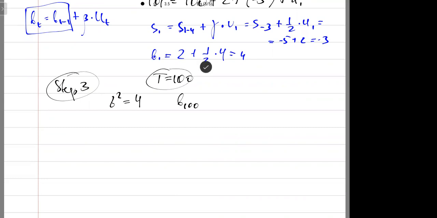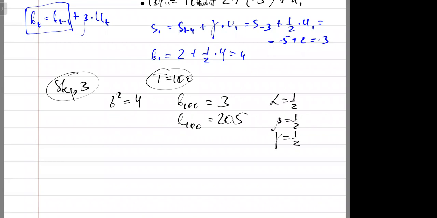We have 100 observations. So we have calculated the last b, which is let's say 3. We have calculated the last l, which is 205. Let's say that alpha is 1/2, beta is 1/2, gamma is 1/2.